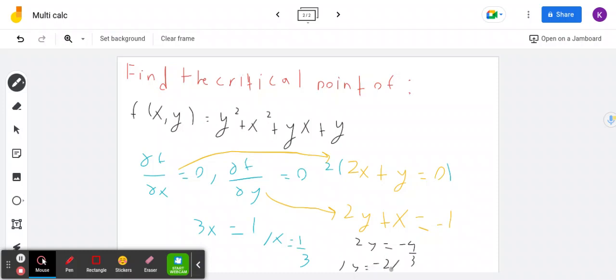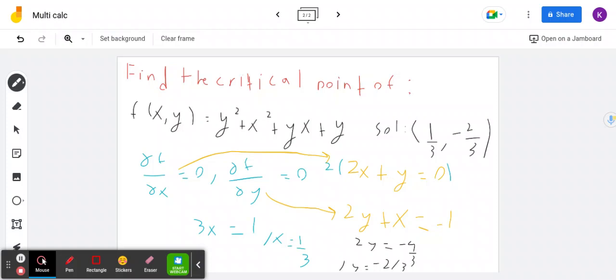If I'm going to write it as a point, I'll write sol for solution: x and y are 1/3 and negative 2/3. And you can make sure that this is true for the other equation too by plugging in. So you get 2/3 minus 2/3 is 0.